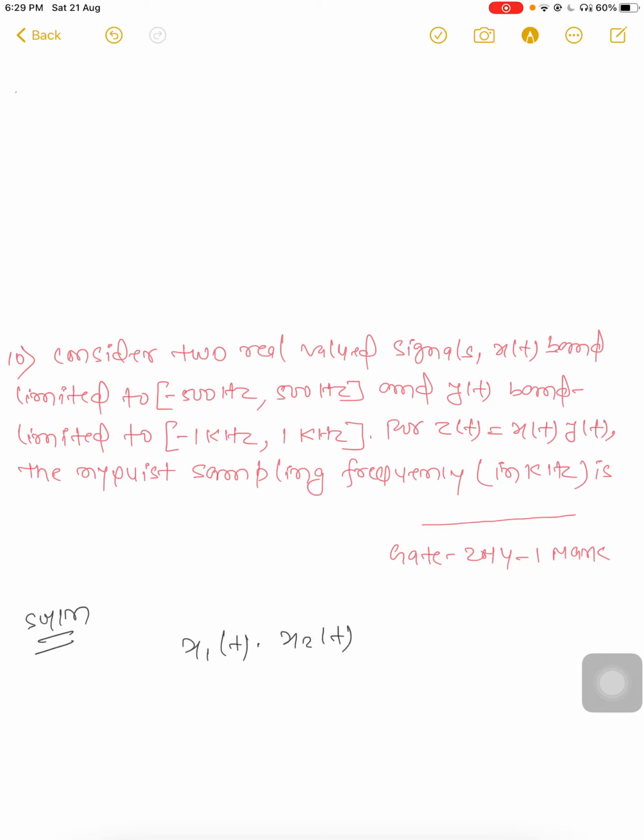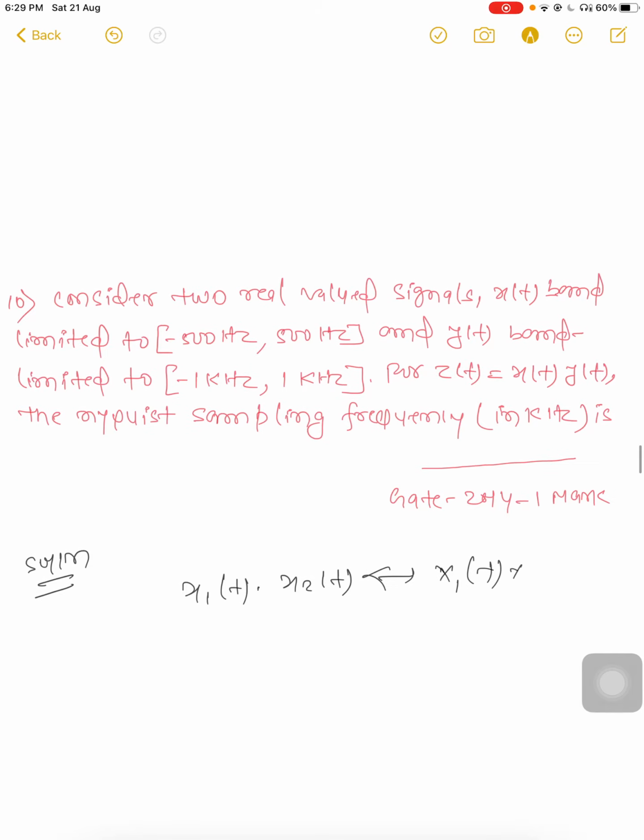We know that x1(t) into x2(t) is the convolution of X1(f) and X2(f). So the highest frequency component contained in the convolution for z(t) will be 1500 hertz, because the frequencies add and subtract in this way.